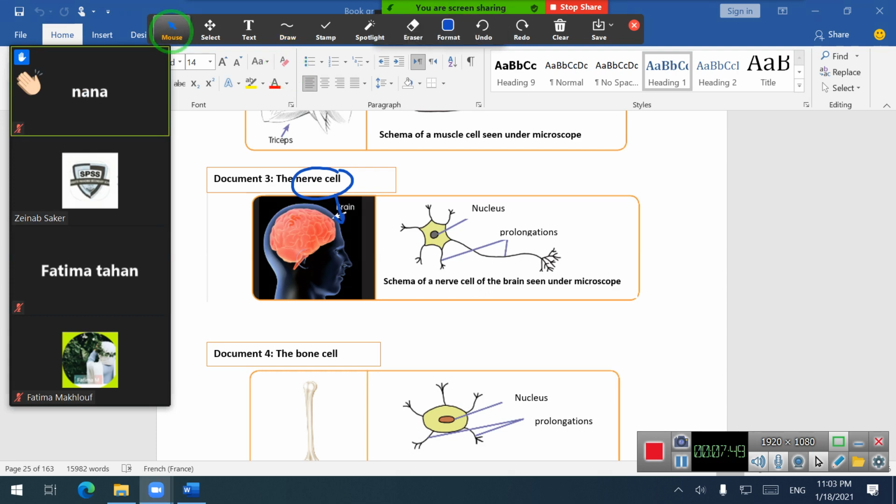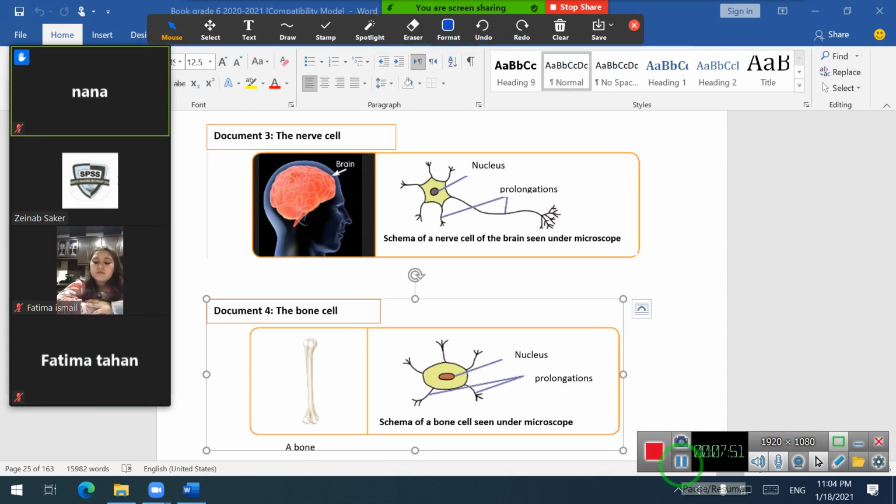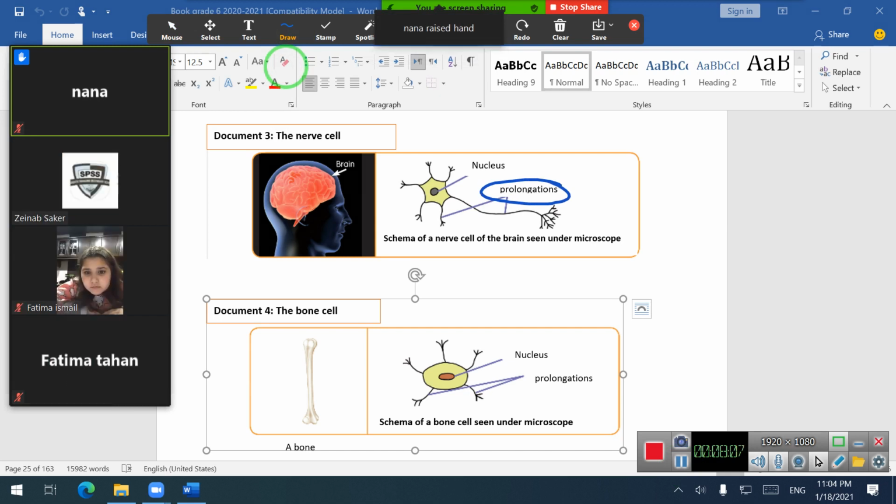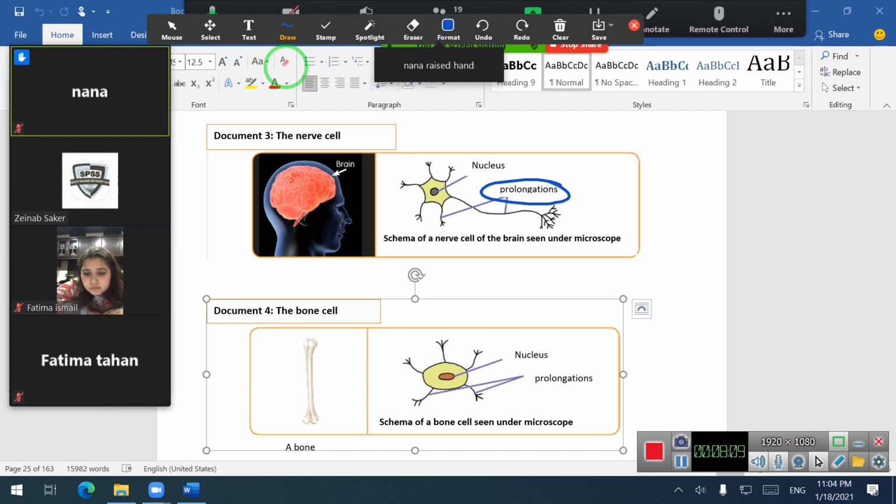In all your body organs there are nerves. So the nerve cell of the brain is seen here under the microscope. It also has a nucleus. These prolongations that you observe here, wait Nawaf and Noor please, are made of axon, dendrites and cell body. We are going to learn about them later.